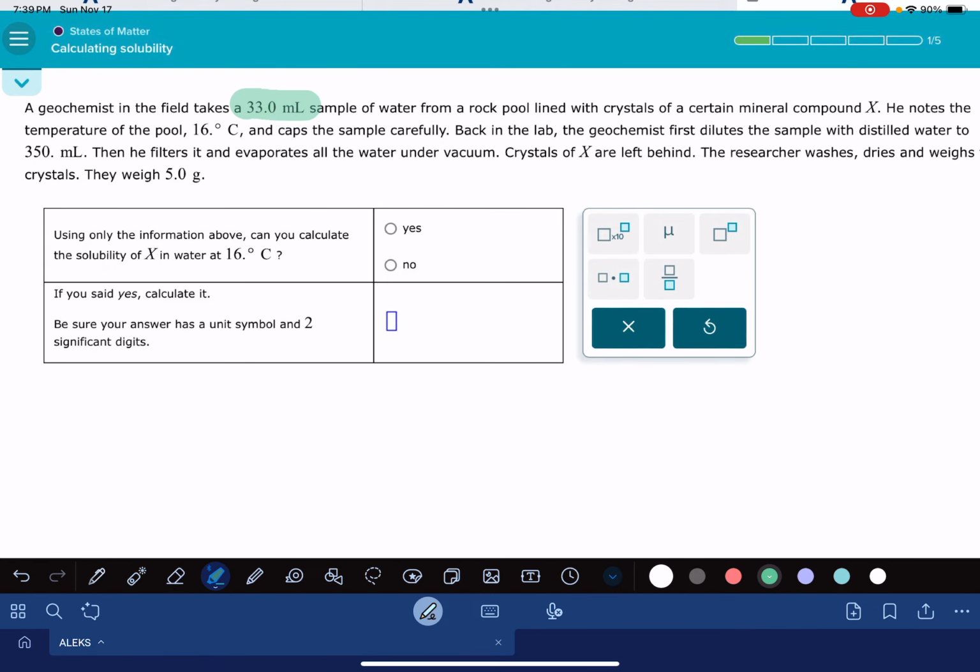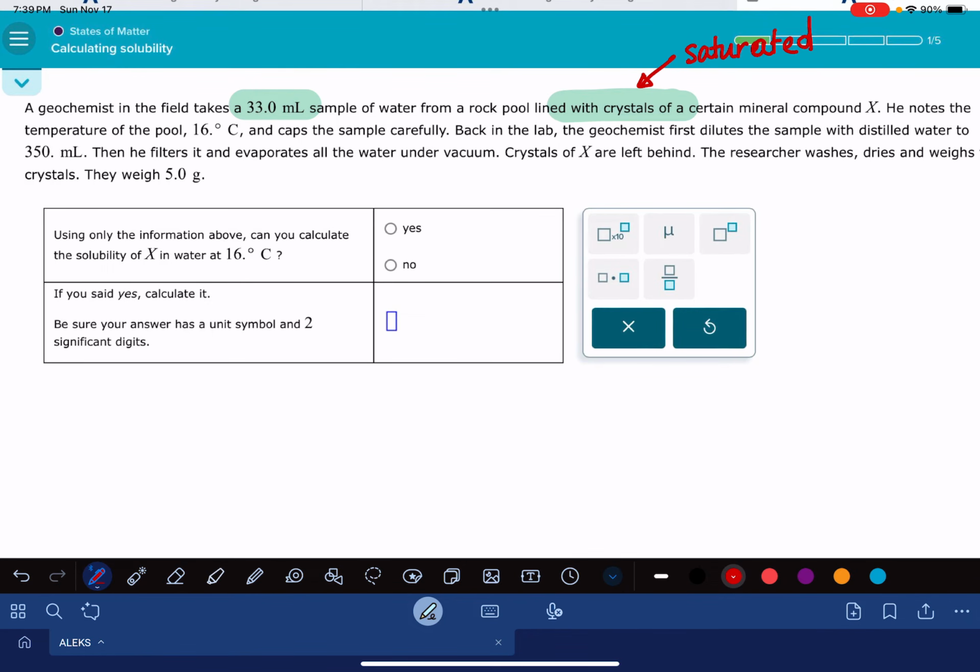We have a volume, 33 milliliters, from a rock pool lined with crystals. So that's saturated. We have a pool of water lined with crystals, water coexisting with the crystals at the same time.